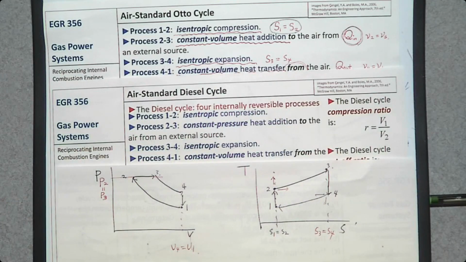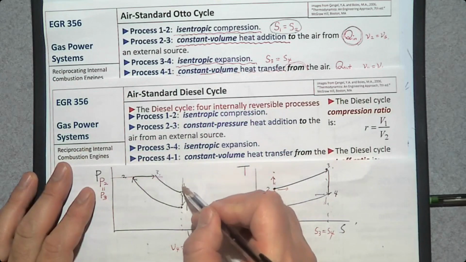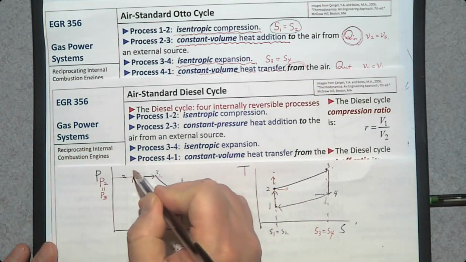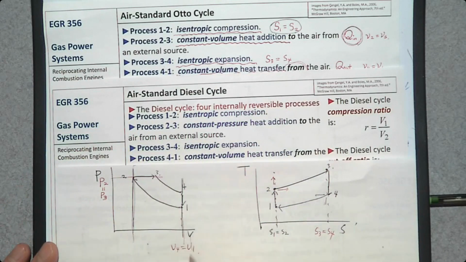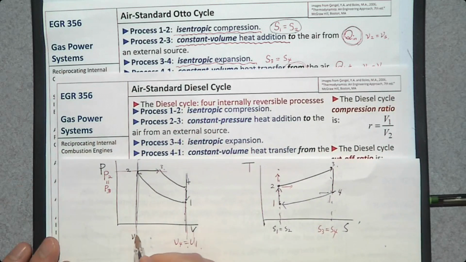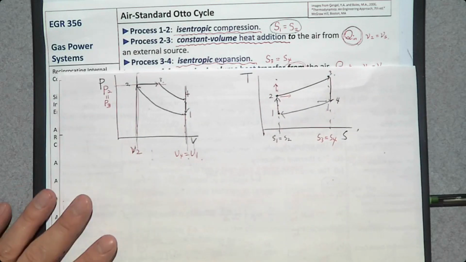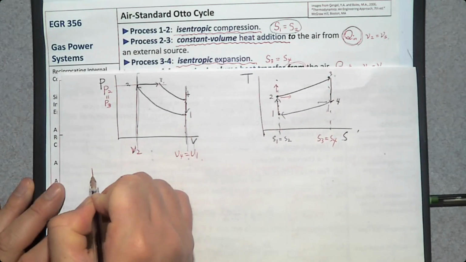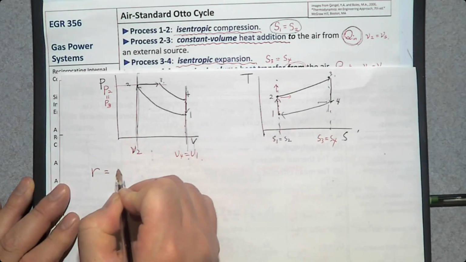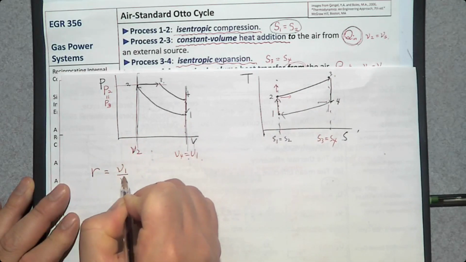Again, we have the same compression ratio. When the piston is at bottom dead center, and when the piston is at top dead center. So V1, V2, the ratio between V1 and V2 is the compression ratio. So the compression ratio is called R, which is V1 over V2.